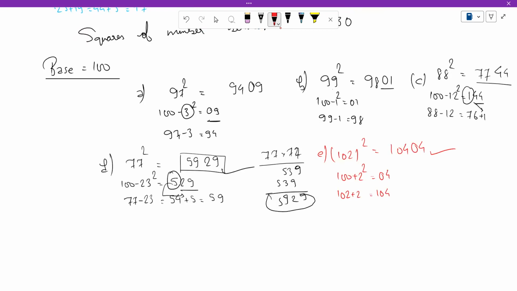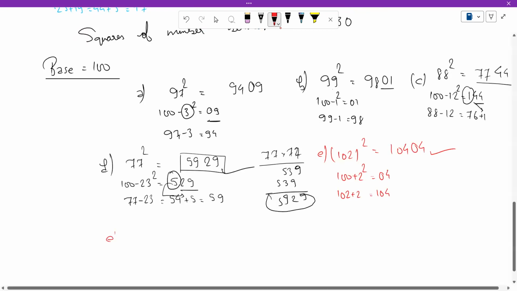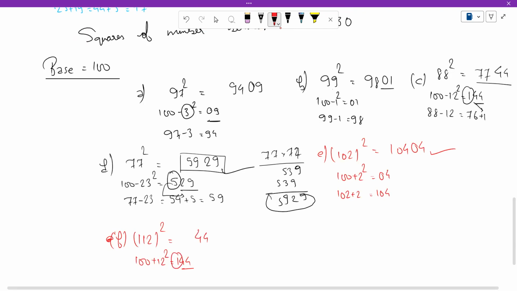Now if I tell you to find me a square of 112, so it is 100 plus 12. Okay, what is 12 square? 144. Now 44 will come here as the last two digits, and this one will carry over.